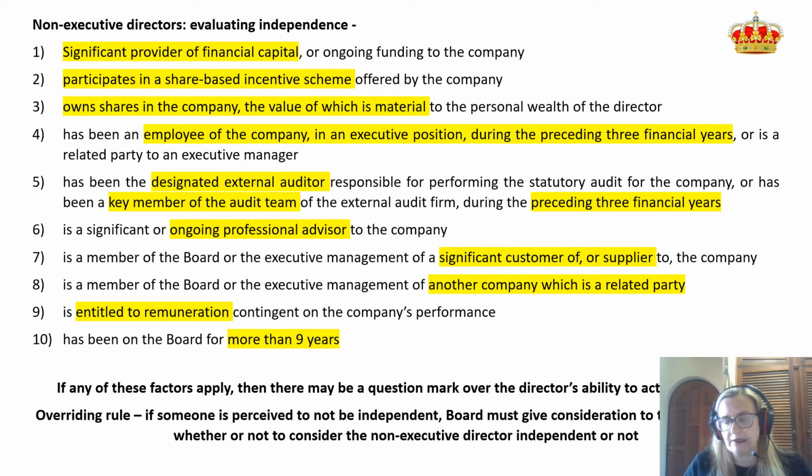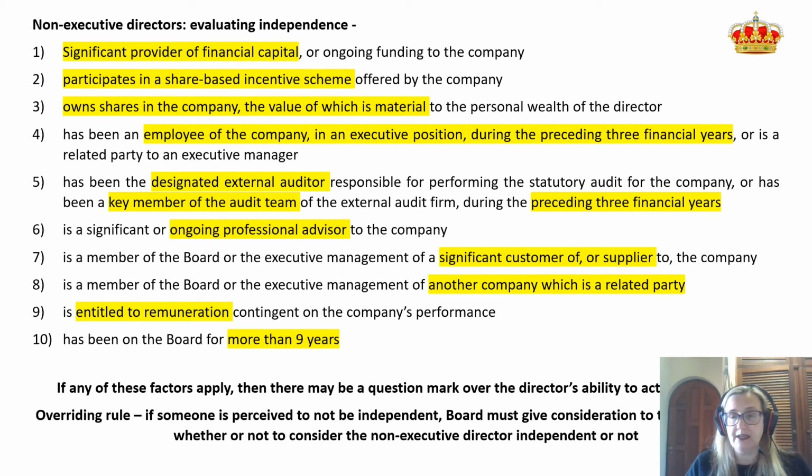So not just maybe one or two shares, but compared to your personal wealth, this is a pretty material shareholding. Then you will not be considered independent. If you have been an executive in this company in the previous 3 financial years, then you will be excluded. You cannot be considered independent.